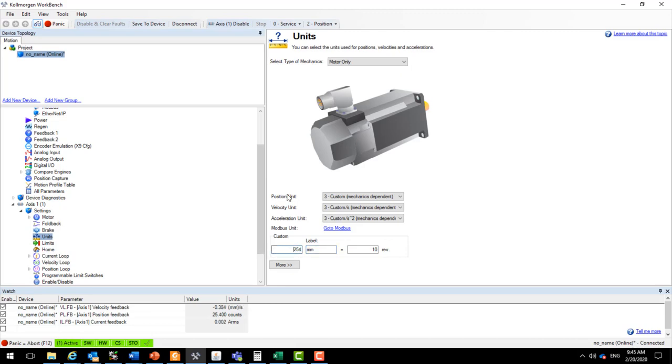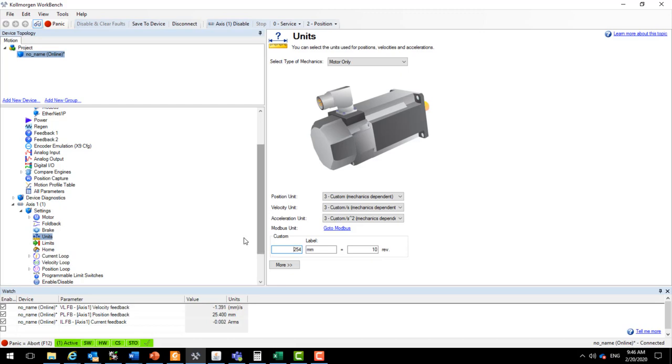So now I've scaled it so that there are 25.4 millimeters per motor rev for the 1-inch ball screw. So what does this mean? This means now I have position, velocity, and acceleration in Workbench scaled this way, but the Ethernet IP units really do not care about that.